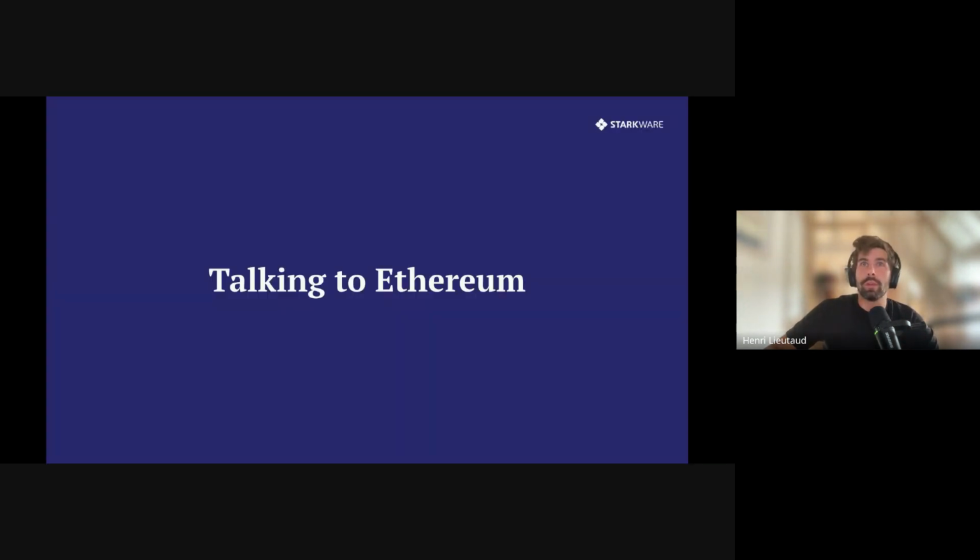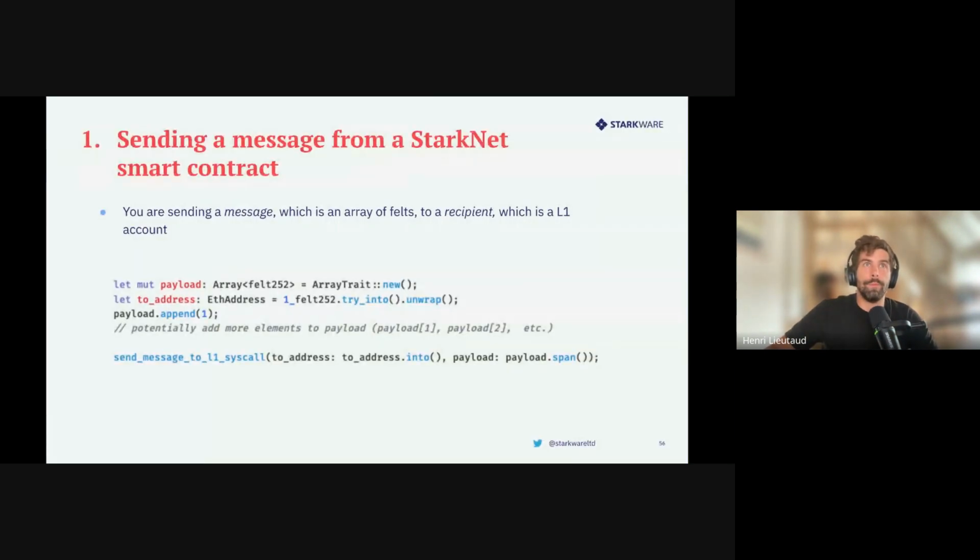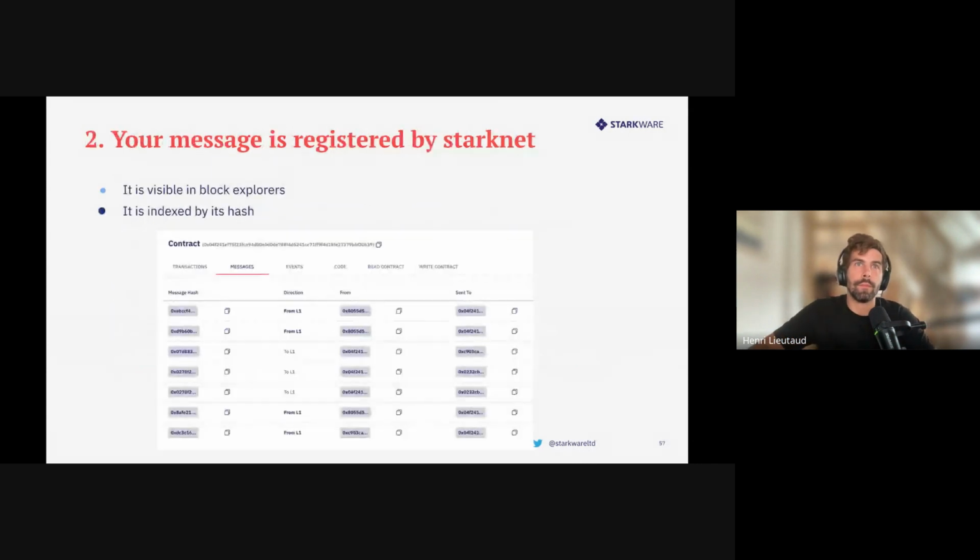So let's see how this works in practice. How do you talk to Ethereum from a Starknet contract? Well, it's actually really simple. There is a syscall in your smart contracts, with which you can basically say, okay, I want to send a message to that smart contract, and here's the payload. So you basically say, hey, here's a bunch of data, do something with it.